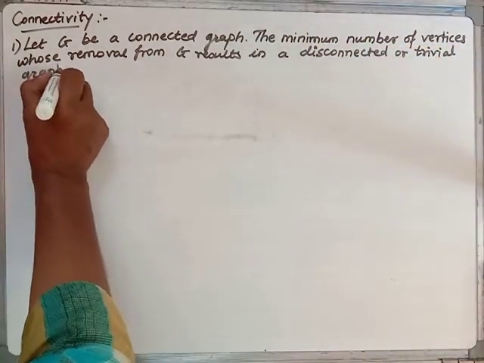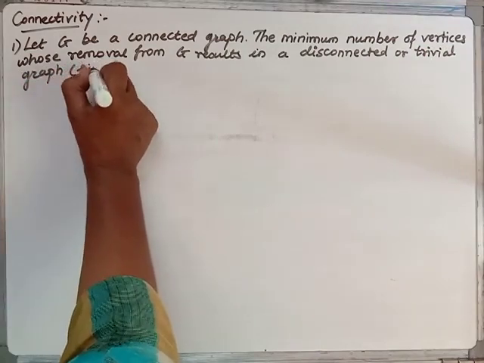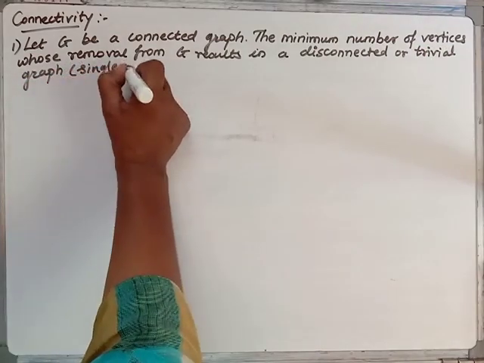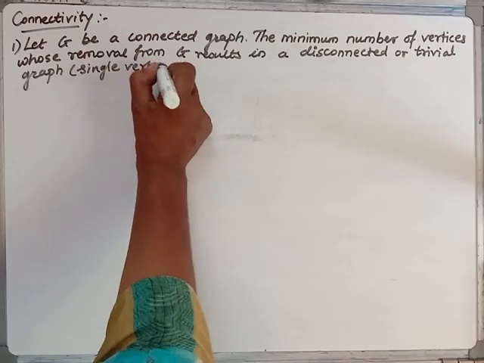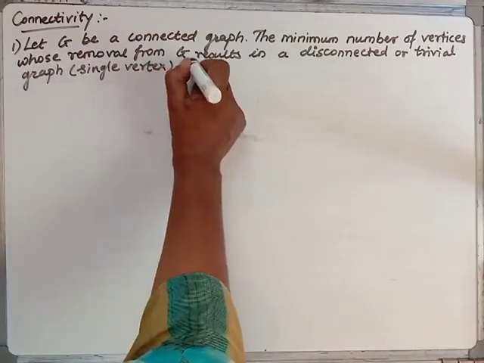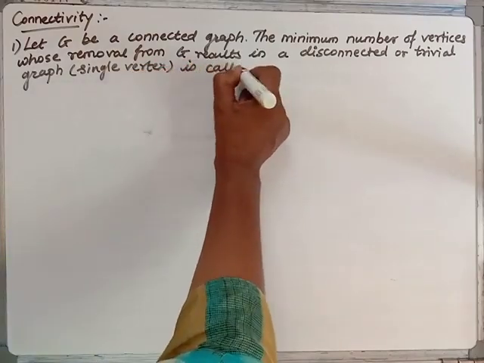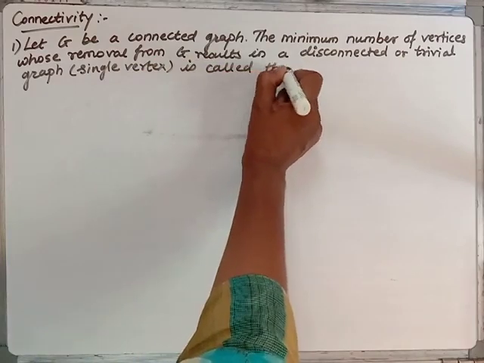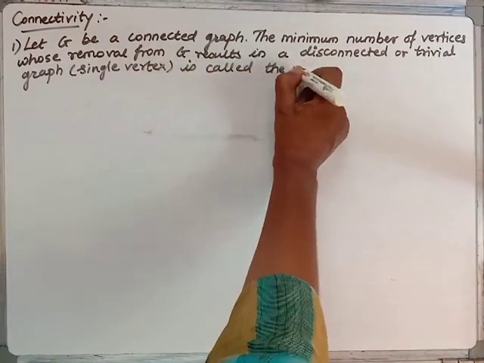Trivial means what? A single vertex graph. There is no edge.